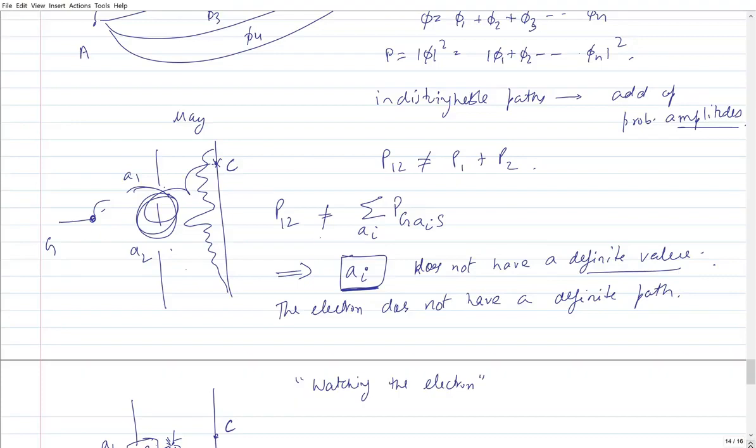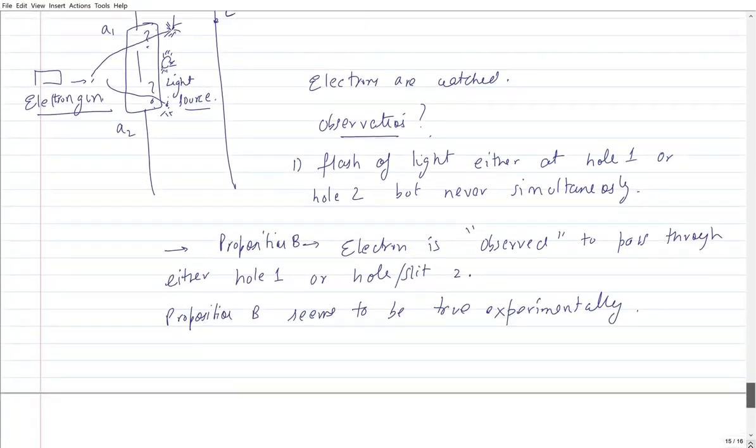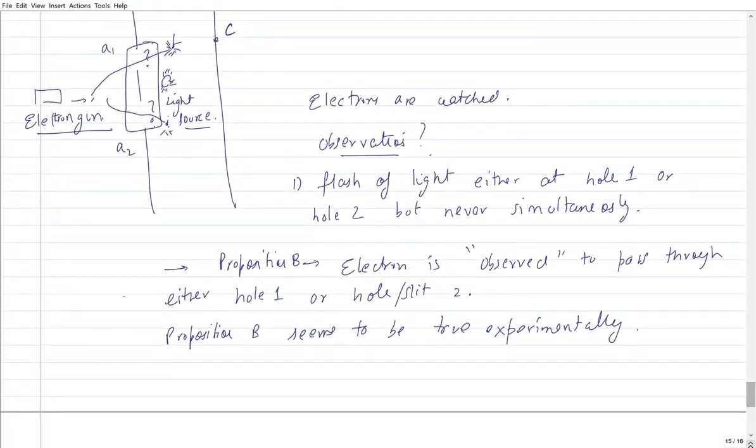Because if that value exists, I would have had no reason but to add up the probabilities instead of getting the interference pattern. But when I try to watch the electrons, lo and behold, I am able to watch them. When I watch the electrons, there is a light source. Either A1 is valid or A2 is valid. This implies A1 and A2 have a definite value for this particular experiment.